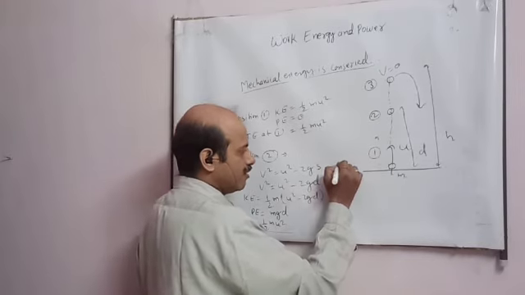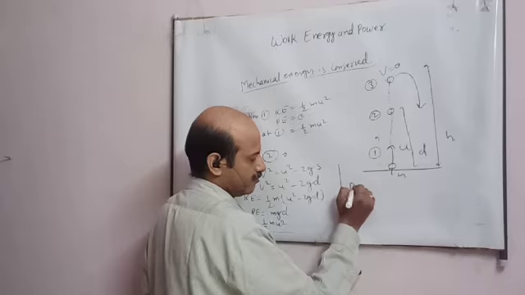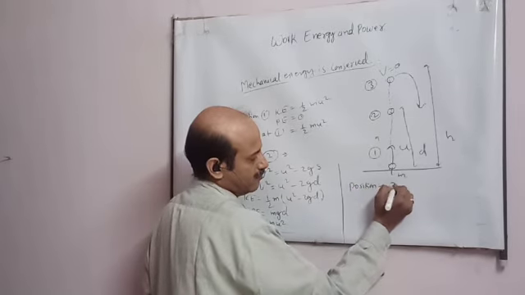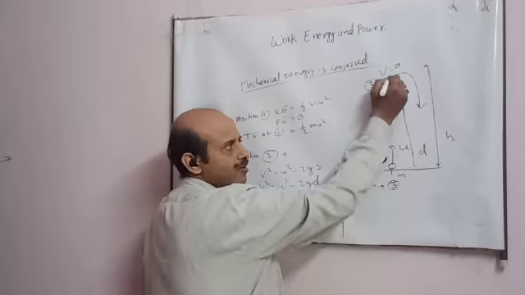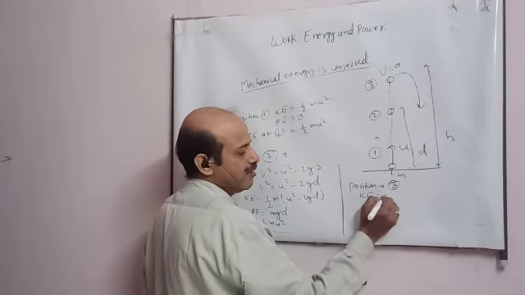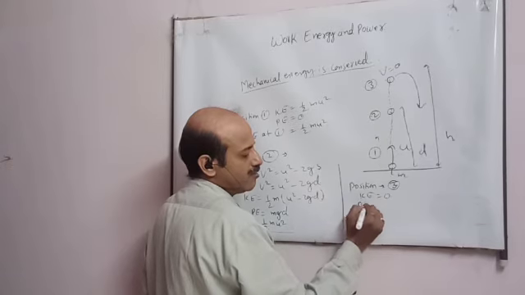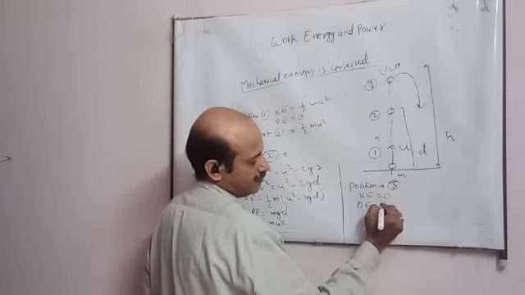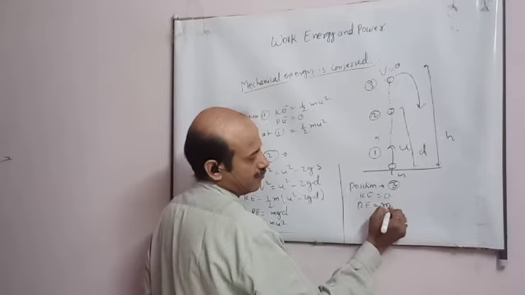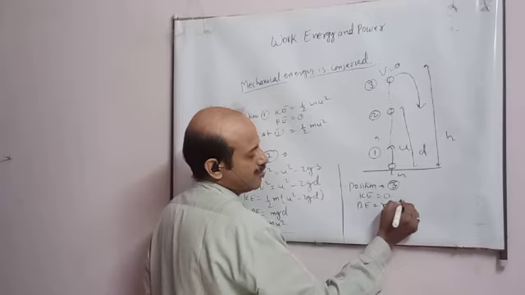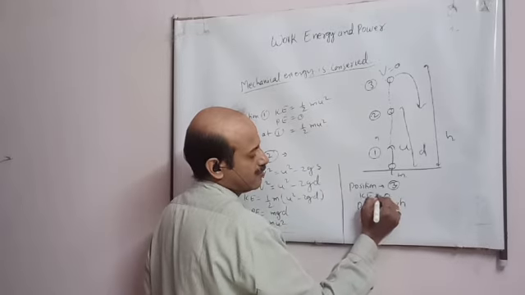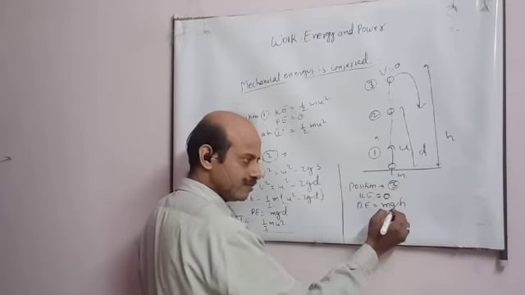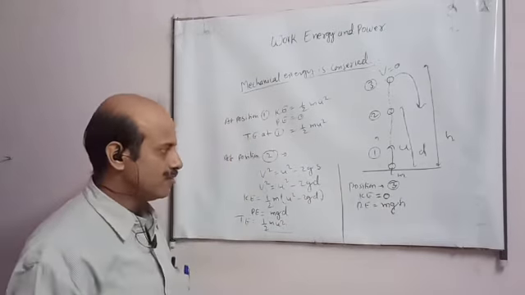Now, student, I will take position 3. Here velocity is 0, so the kinetic energy becomes 0. Potential energy will be mgh. Now, how much is this displacement?